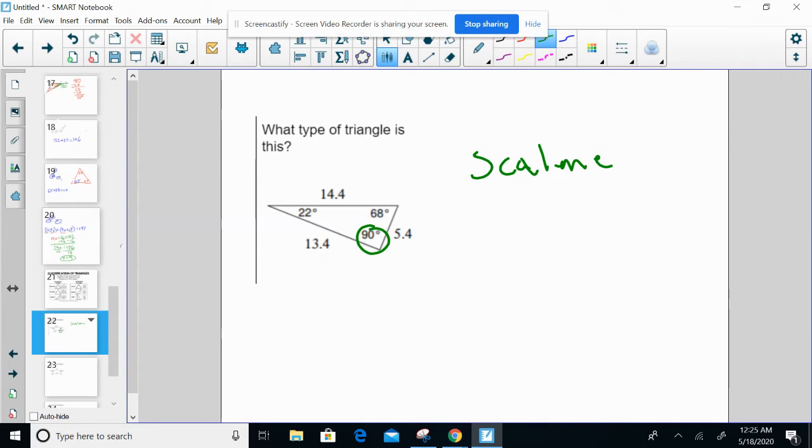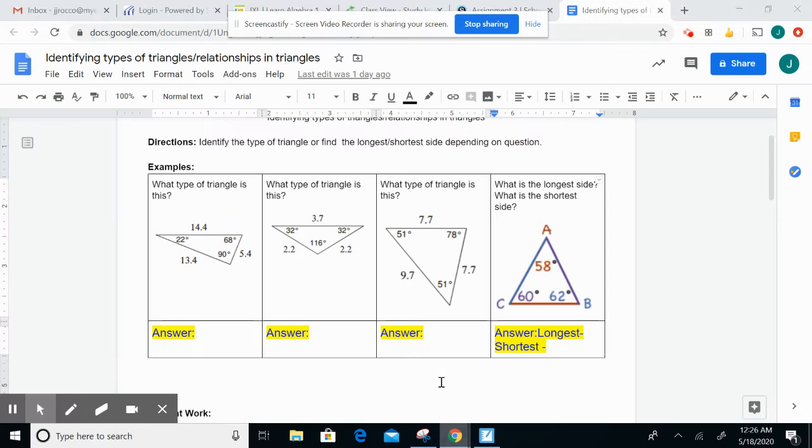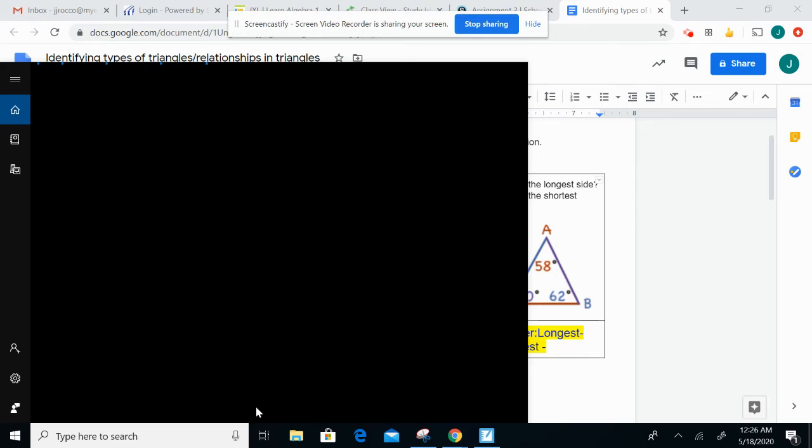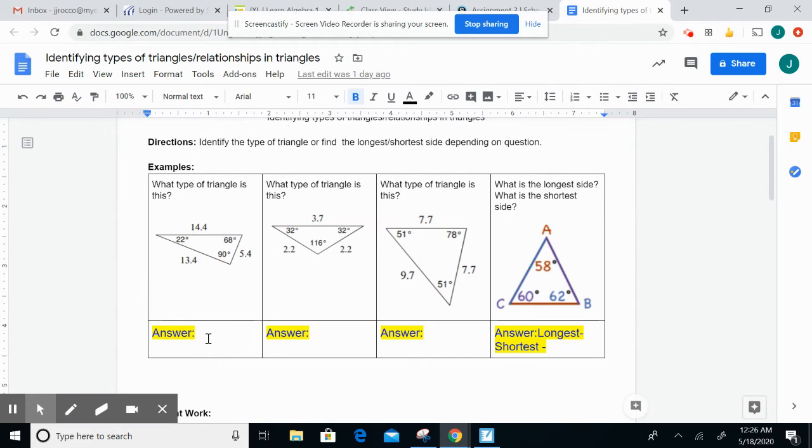So it is a right scalene triangle. All you have to do is type that in right here. There we go. Right scalene triangle.